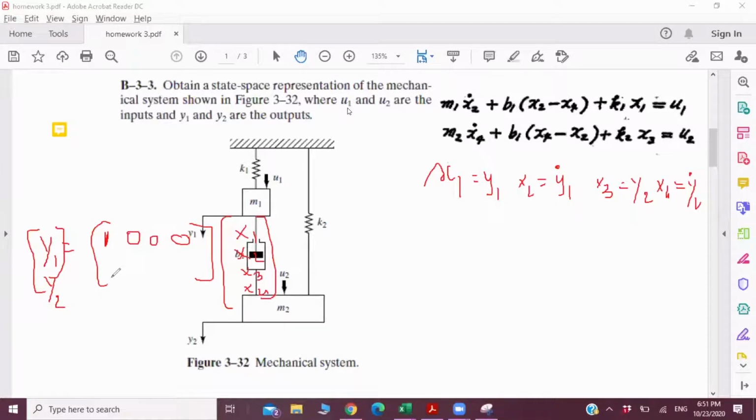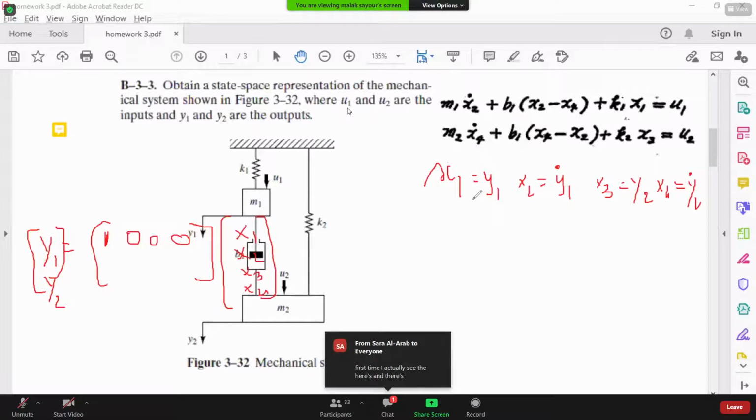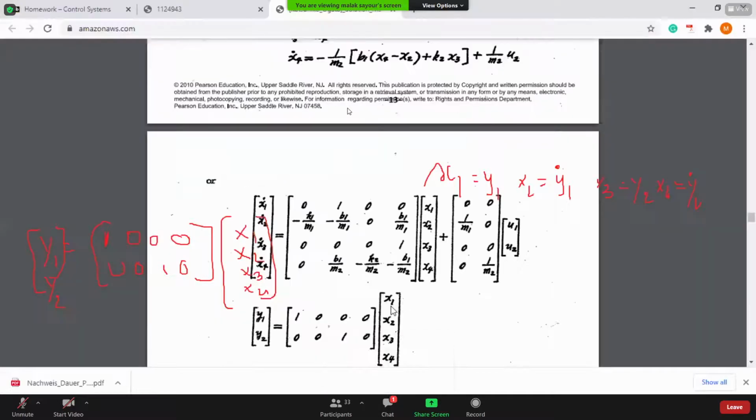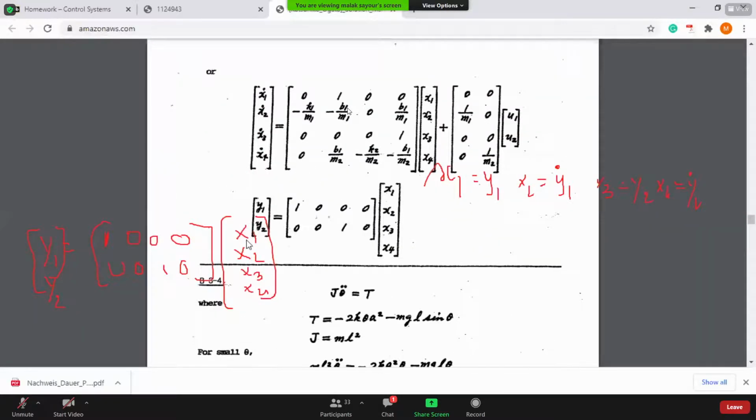Yes, perfect. Same thing for y2. It's equal to x3. So I want to eliminate x1, x2 and x4. So that's 0 0 1 and 0. Okay? Okay, thank you.